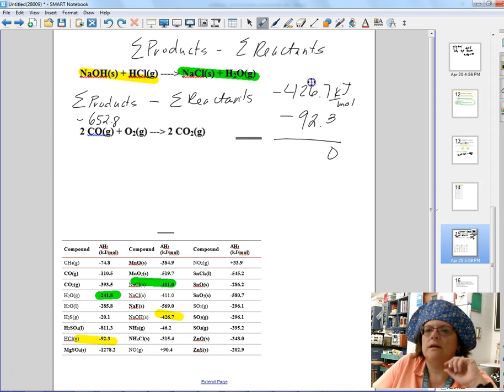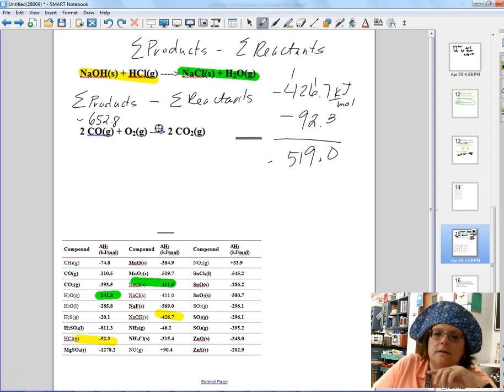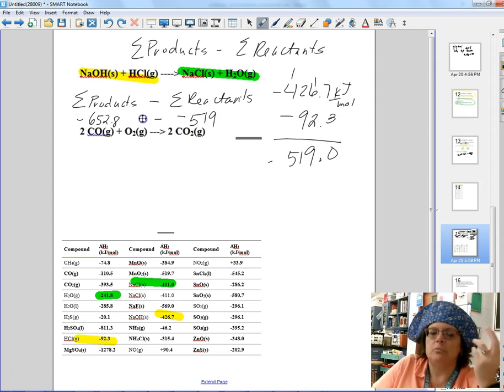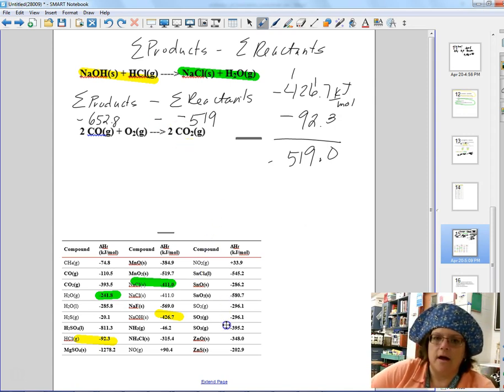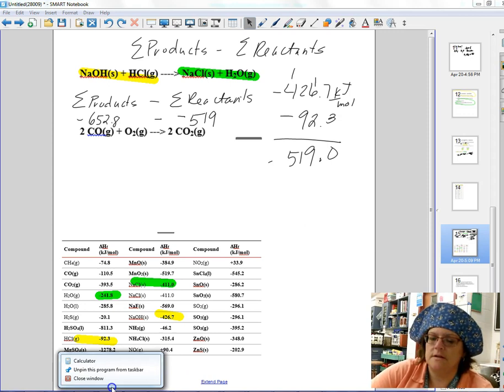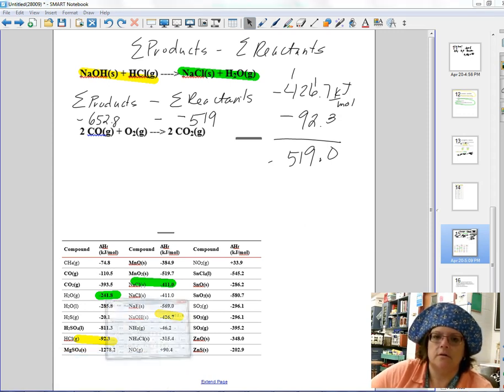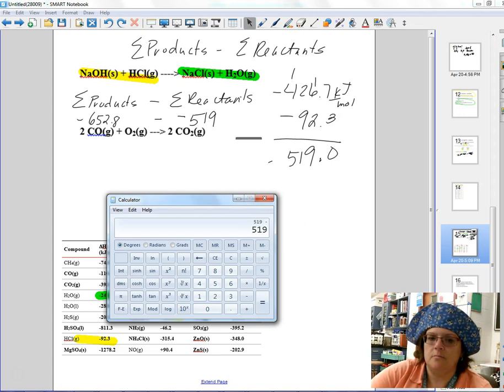If we add those together, we get negative 519. So we're going to subtract negative 519. Two subtractions, you add. So we're going to have 519, because it's now positive, 519 minus 652.8, and that gives us a negative 133.8 for our total.